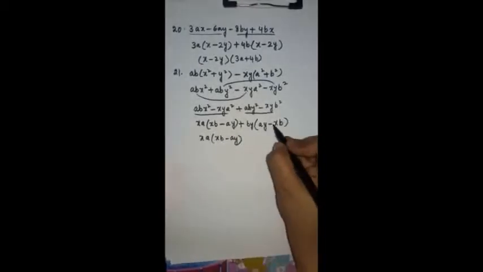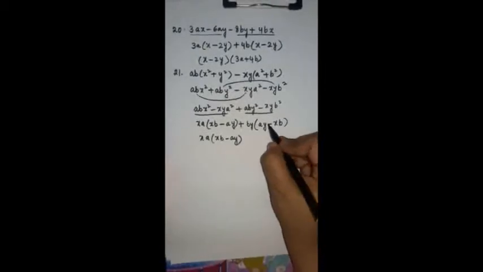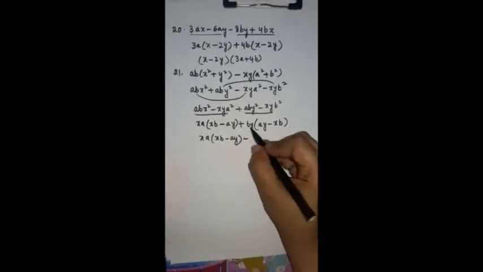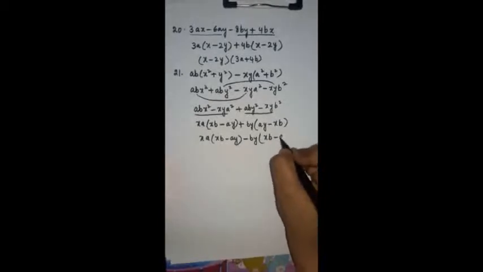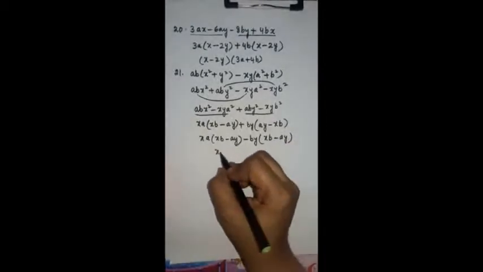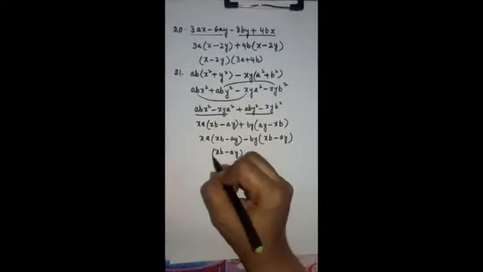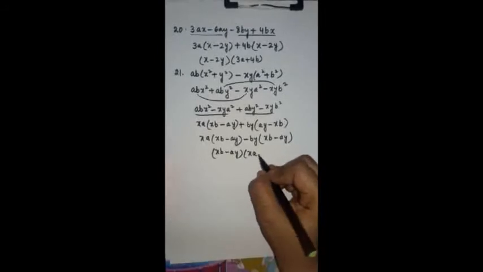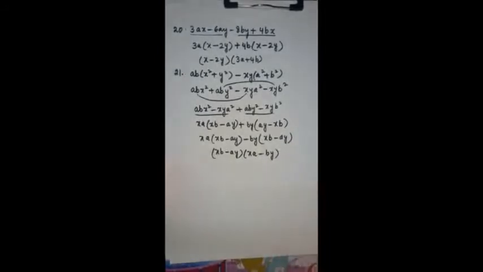Now this ay minus xb, we want xb minus ay, so what we have to do? Minus, this plus term will become minus by, then xb minus ay. So this xb minus ay is common. Then what is remaining over here? xa minus by.